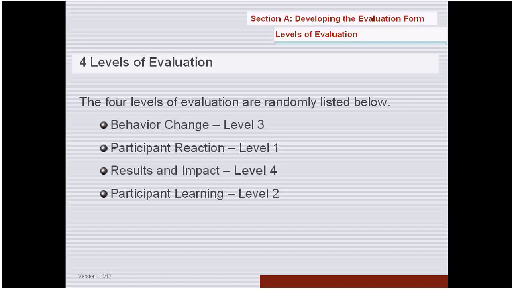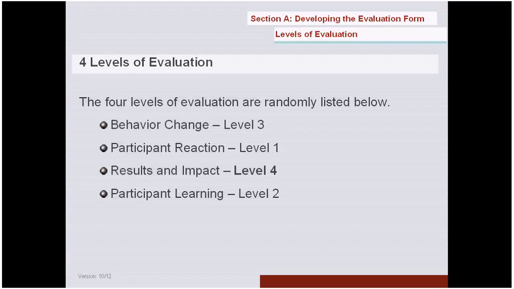Level 4 is results and impact. What does results and impact mean to you? Those of you on this webinar today, what does that mean when you hear that, results and impact? Well, impact would be the effectiveness of the training, and results would be actually what the participants did learn.